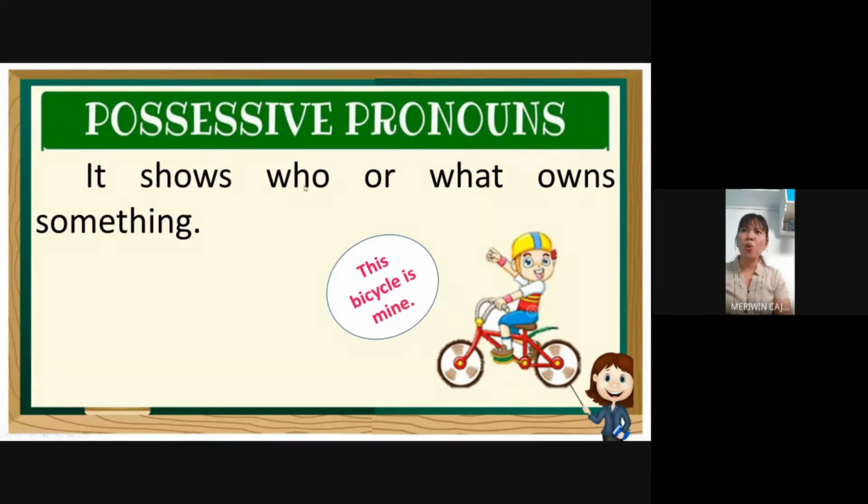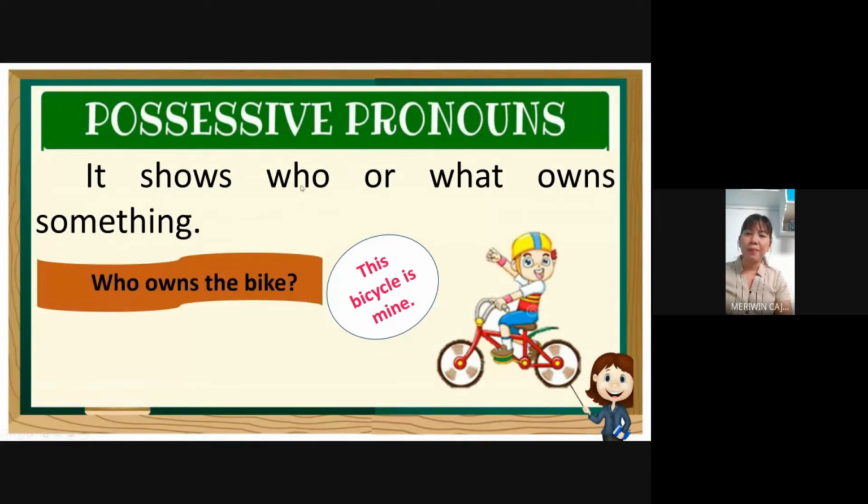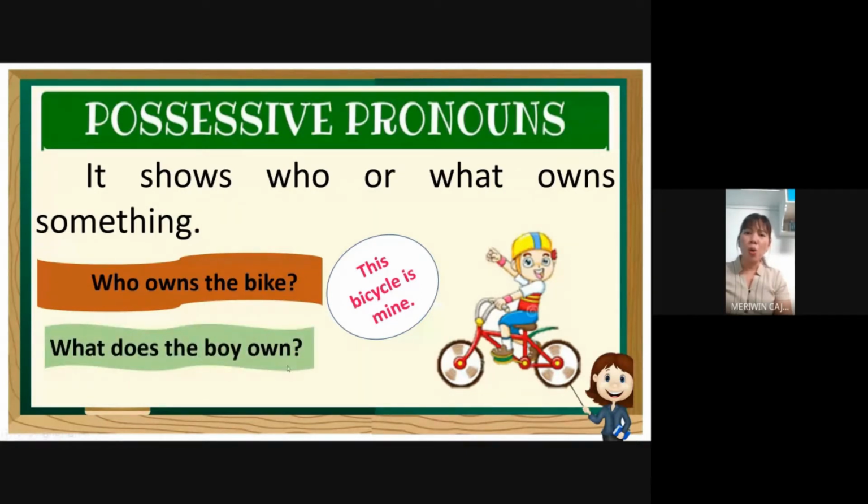The question is who? Who owns the bike? You can use the chat box. Who owns the bike? The boy owns the bike. Another question is, what does the boy own? That is the meaning of it shows who or what owns something. Okay, this is an example of possessive pronoun.